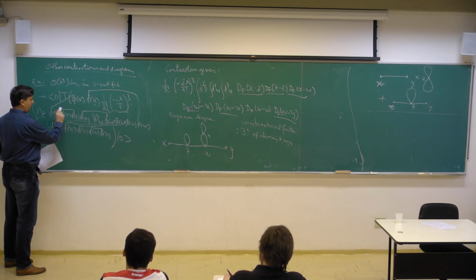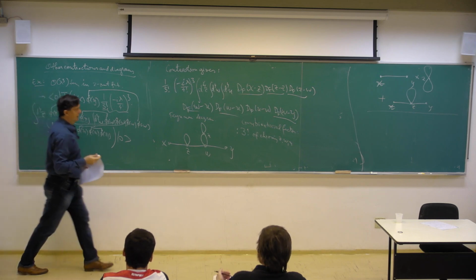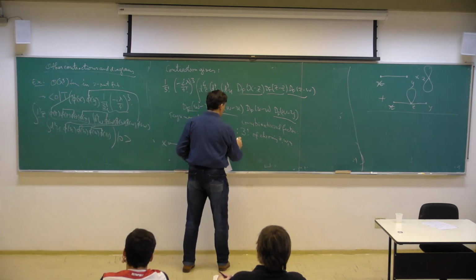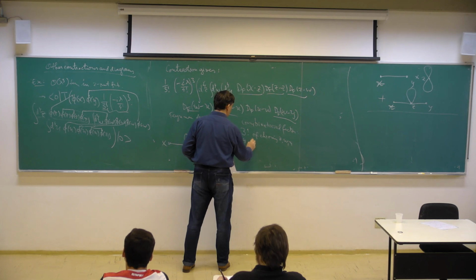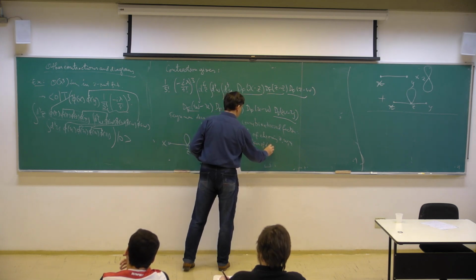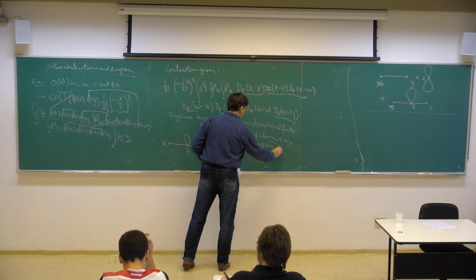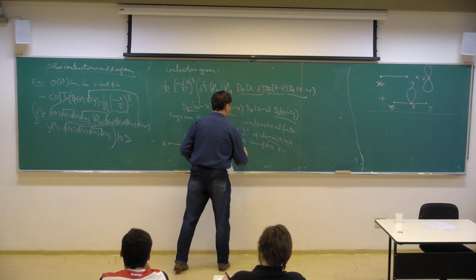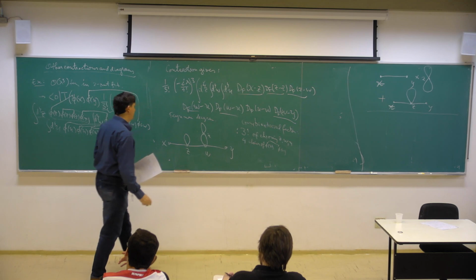I have four choices, right? So I have four choices of phi of Z to contract with phi of X, right?